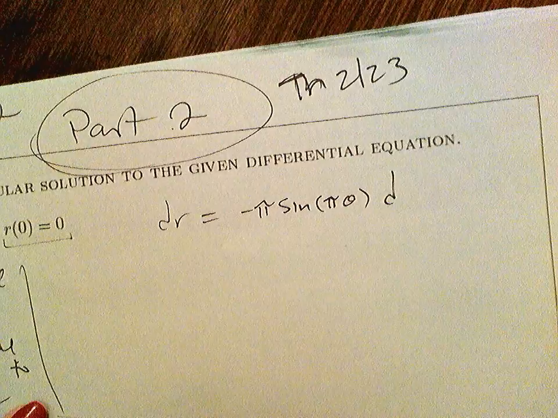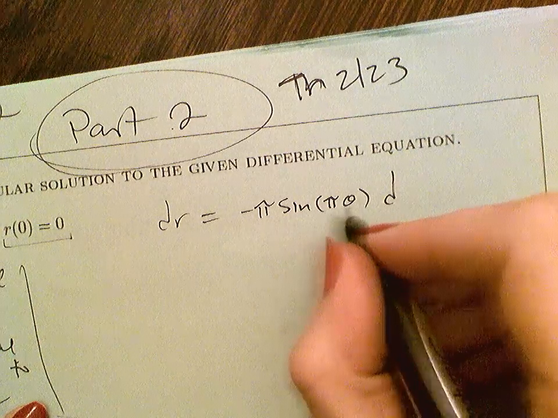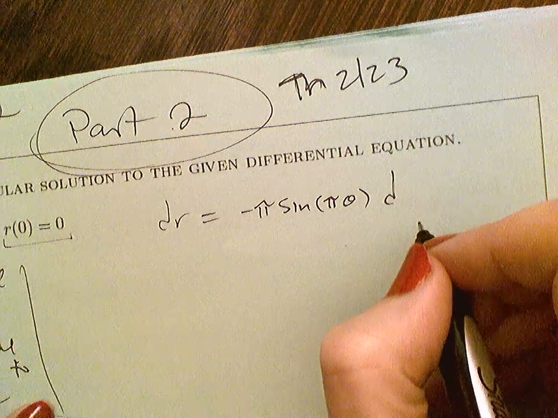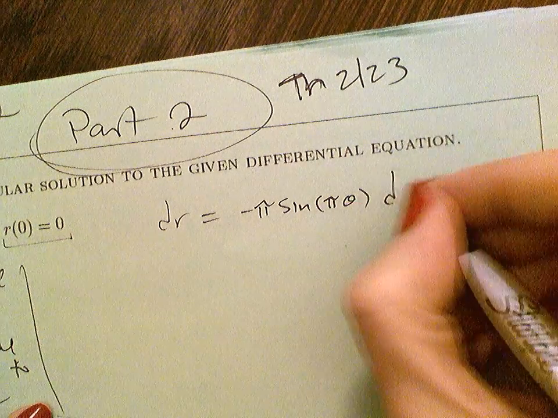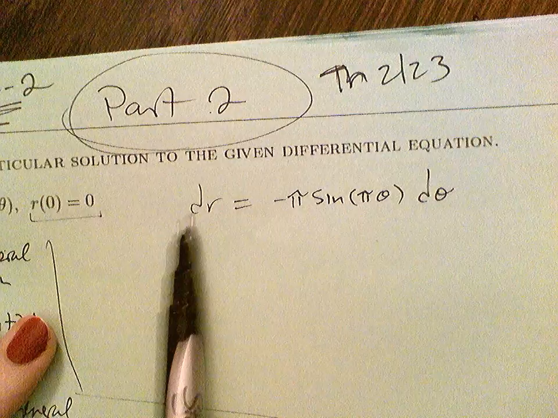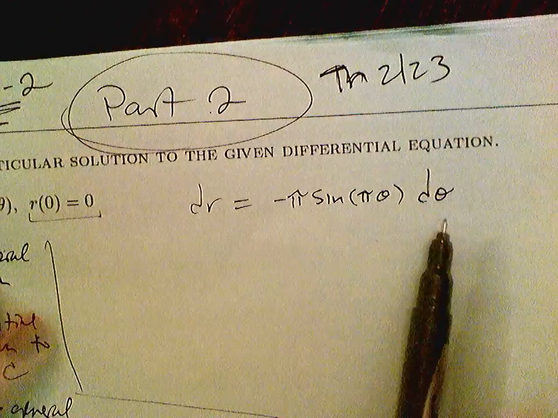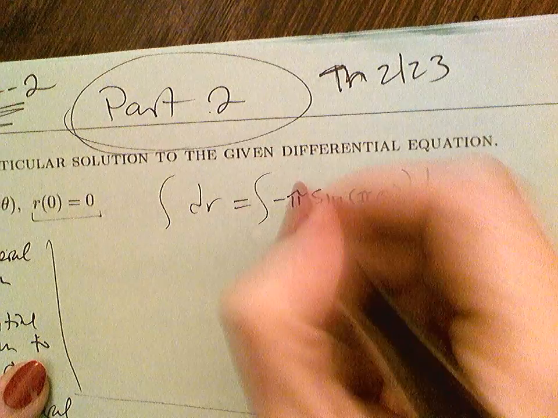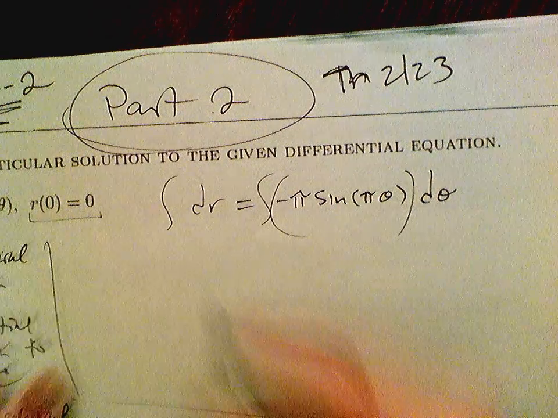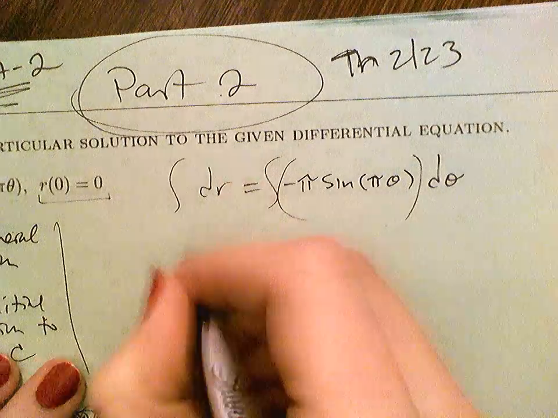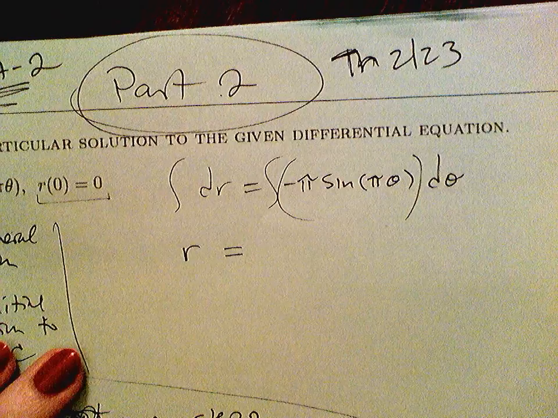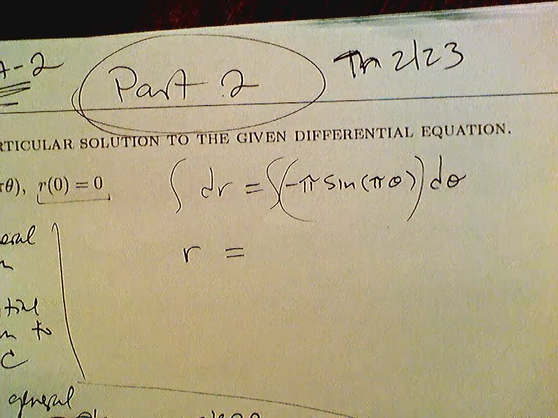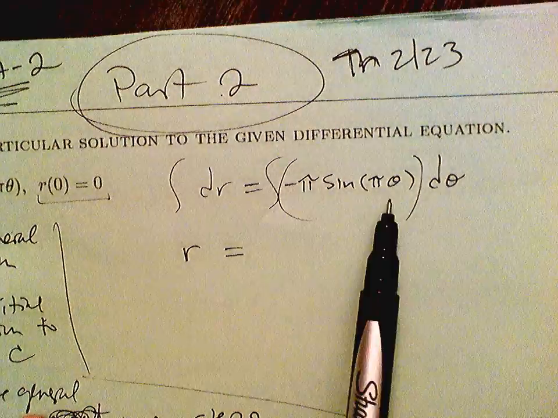I should recognize that as soon as I have sine of something other than just plain theta. Okay, and then r's are all over here, thetas are all over there. So now we can do the antiderivative. This here we just get r equals. Now I'm going to need to use substitution.